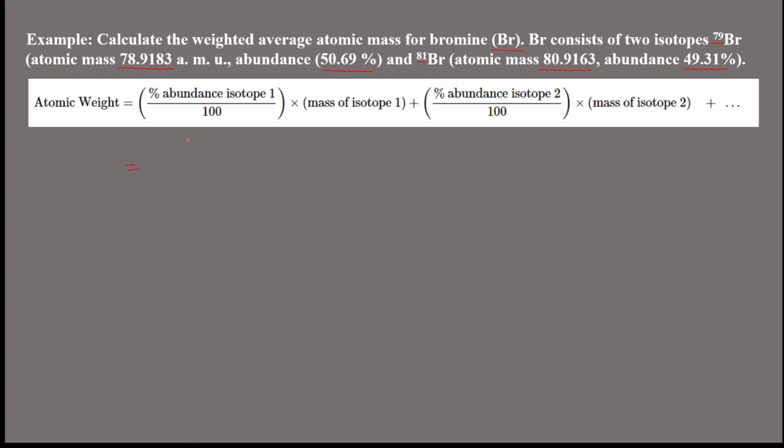Let's first write down the first section of the formula for bromine-79. The percent abundance for bromine-79 is 50.69% divided by 100. Then you multiply it by the mass of isotope 1, which is 78.9183.